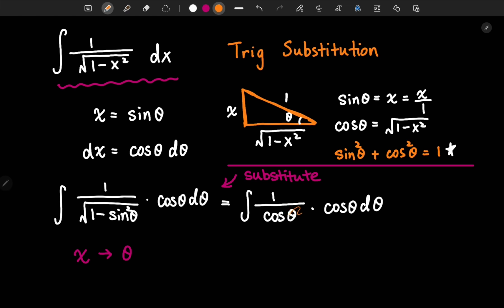Now we have cosine theta on both the top and bottom, so we can cancel them out. Our integral has become much simpler: the integral of 1 d theta. And we know the integral of 1 d theta is just theta. And because we have an indefinite integral, it's going to be plus c, a constant.